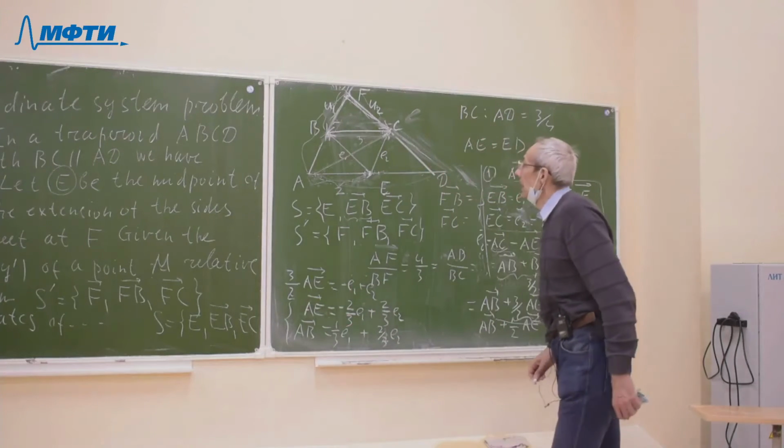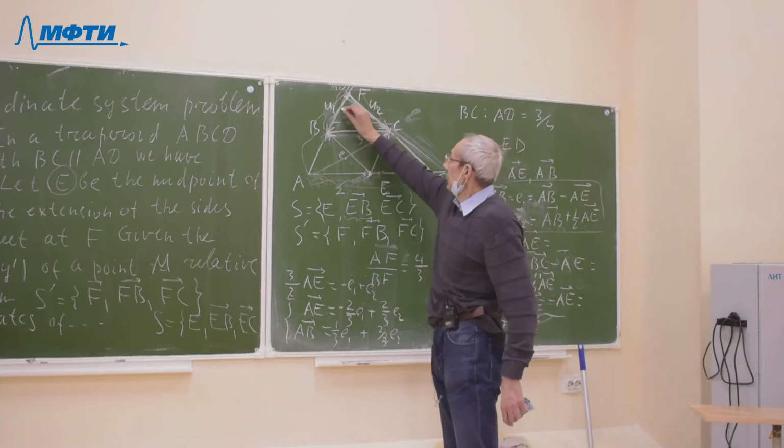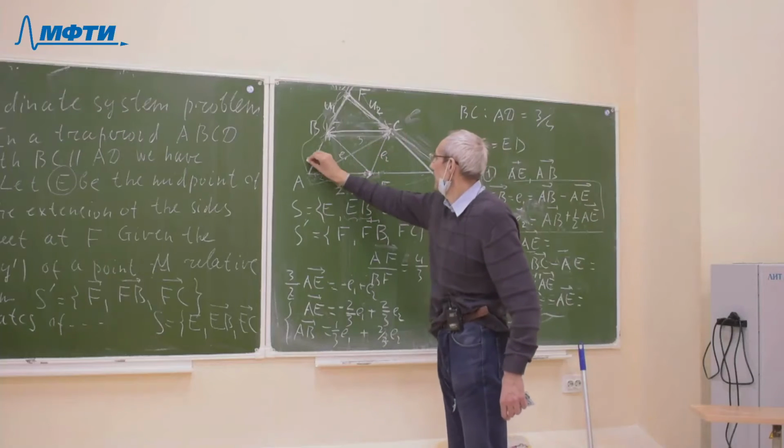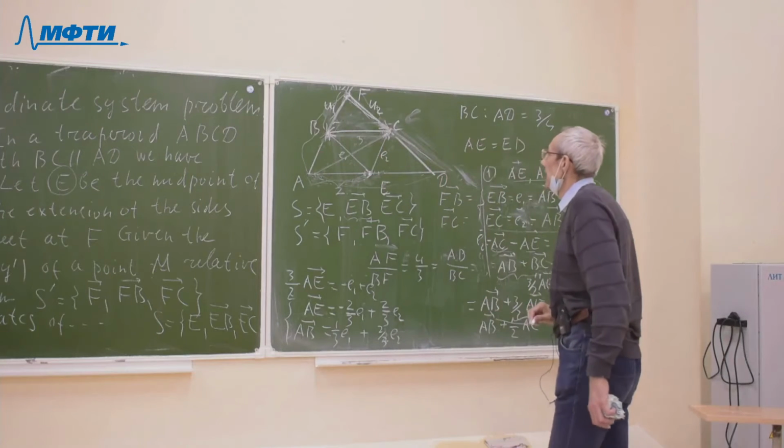And let's try to express vectors U1, U2 in terms of these two vectors.